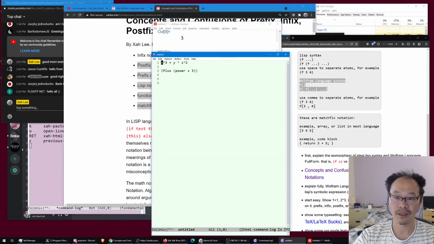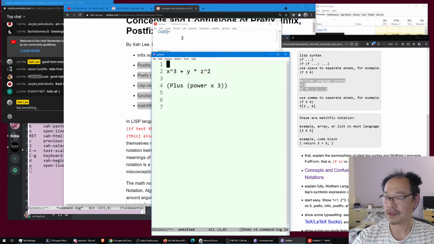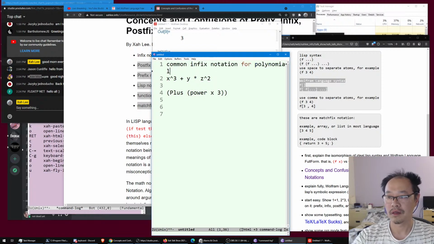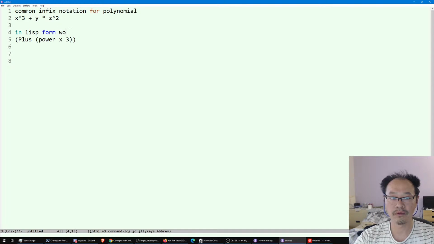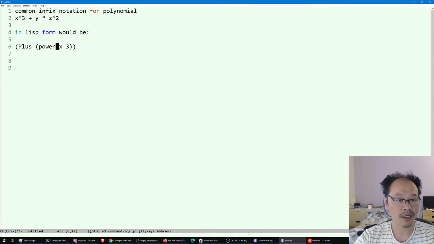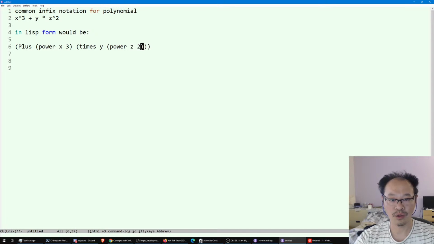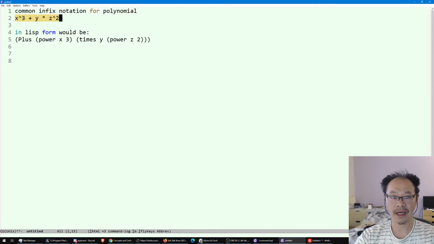If you want to write this expression in Lisp form, it would be power x 3, plus, then times y, then power z 2. It's painful and unreadable. So you see that versus that.